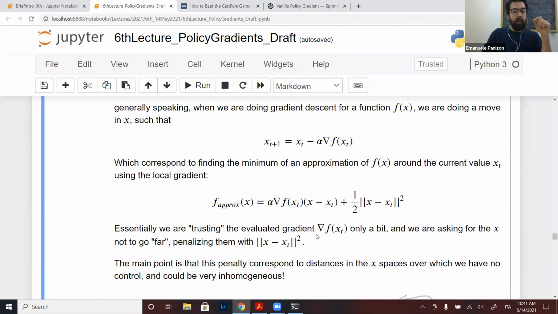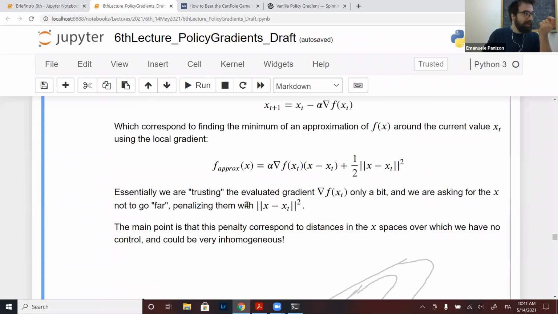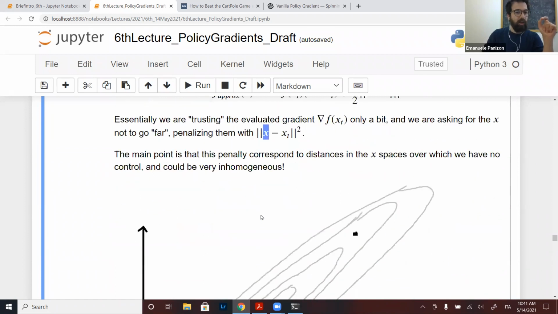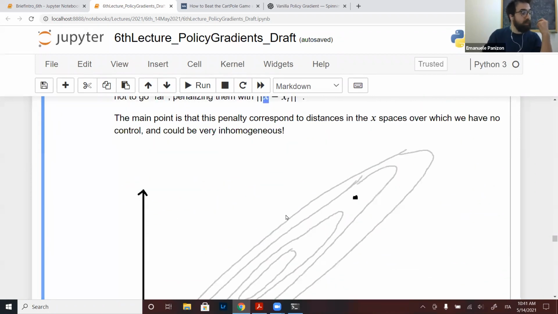So this means that we are trusting the evaluated gradient, but not too much, and so we are saying to stay close. The problem is that we are saying to be close in a distance with respect to x, which may not be the good thing.